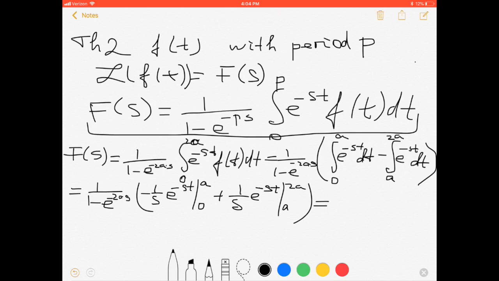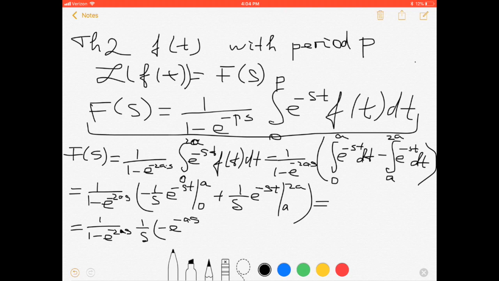Okay, it will be 1 over 1 minus e to the minus 2as, times 1 over s, and plug in. This will be minus e to the minus as.